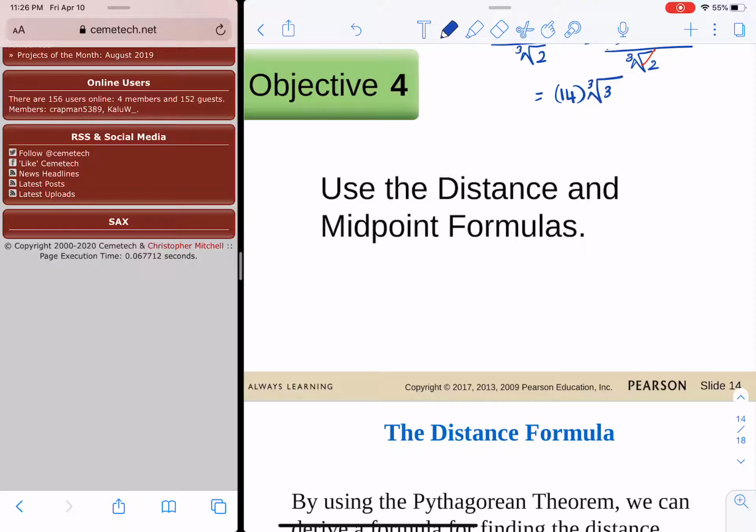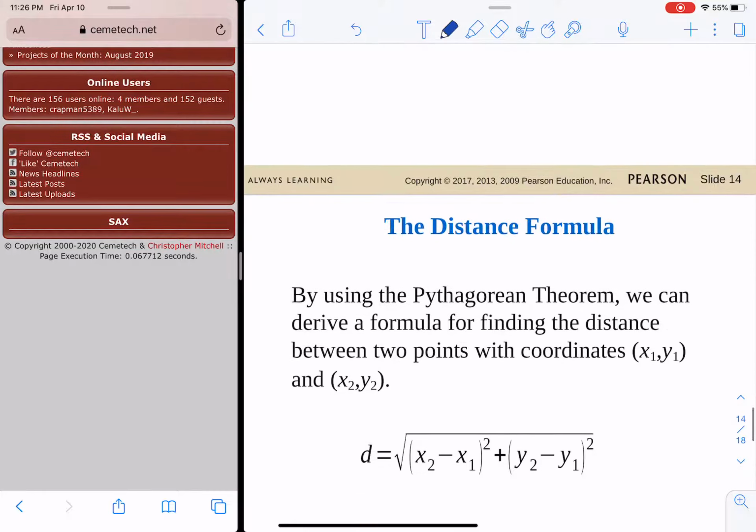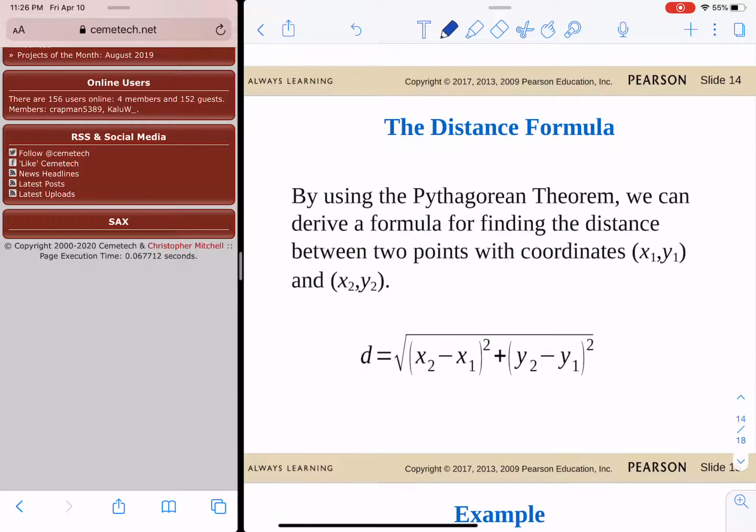So here we have the distance and midpoint formulas, and we're going to talk about the distance formula here because it involves the square root. It goes back to the Pythagorean theorem, which says if we have a right angle triangle with lengths A, B and C, then C squared is simply A squared plus B squared.